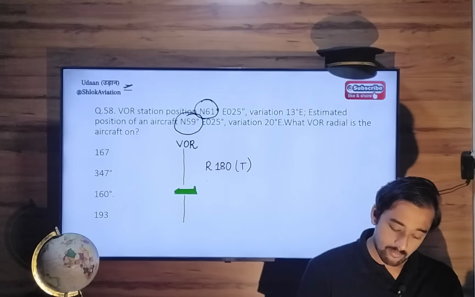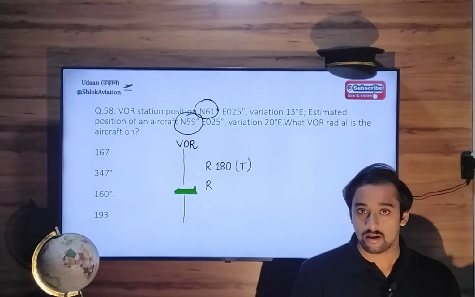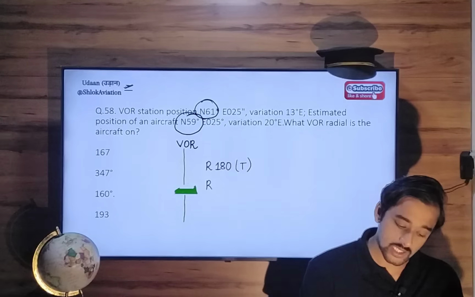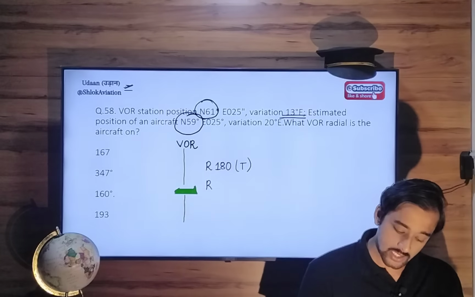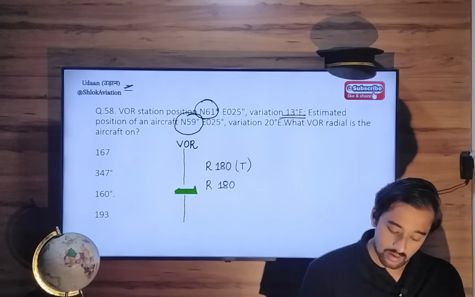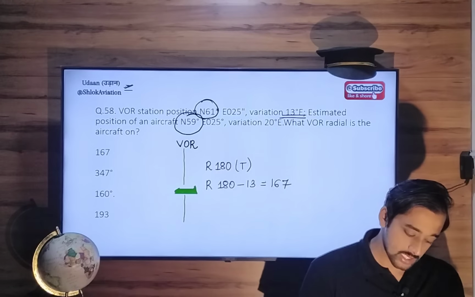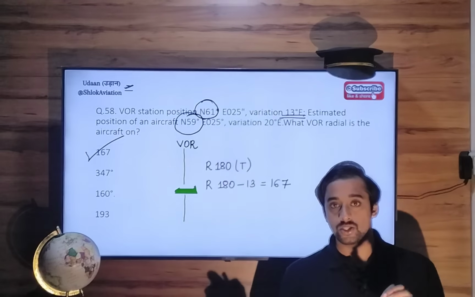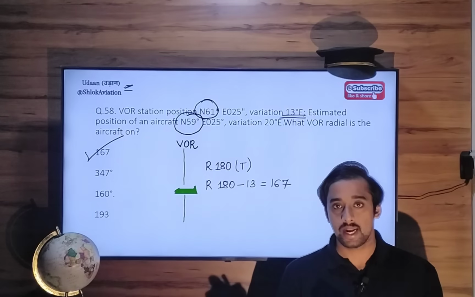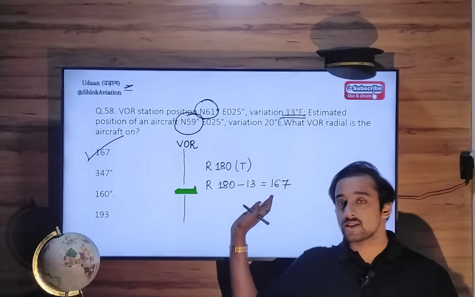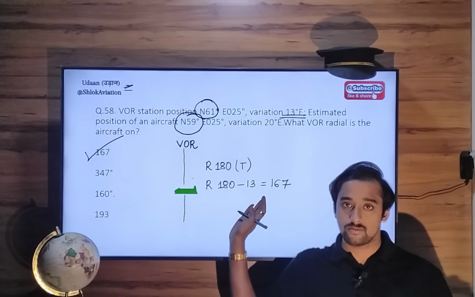Okay. Magnetic wise, it will be according to the variation. Now always use variation existing at the VOR station, which is 13 degrees east. So 180 minus 13, which is 167. So answer will be aircraft is situated on radial 167 magnetic. All VOR radials are magnetic in direction. So your final answer must also be in magnetic direction.